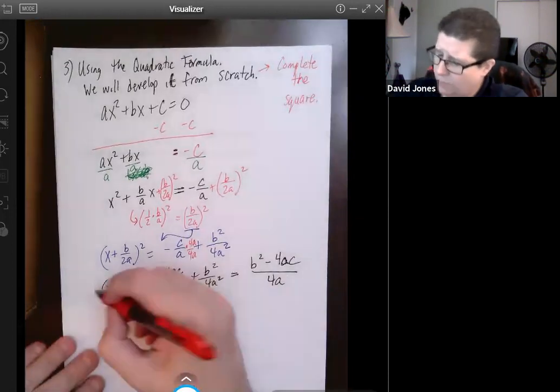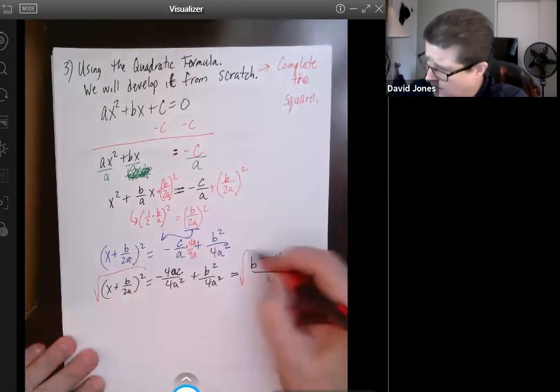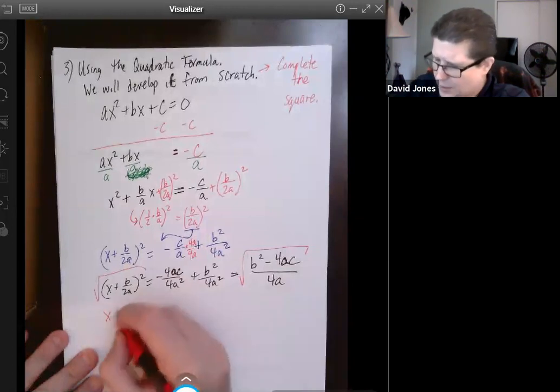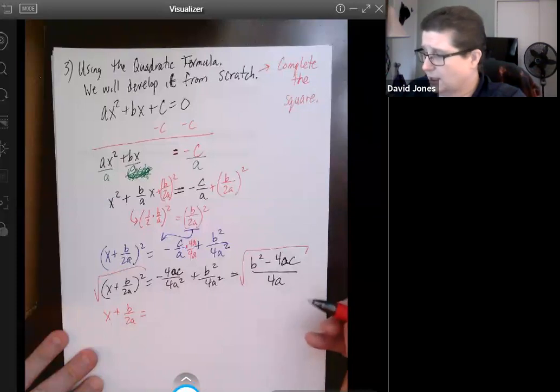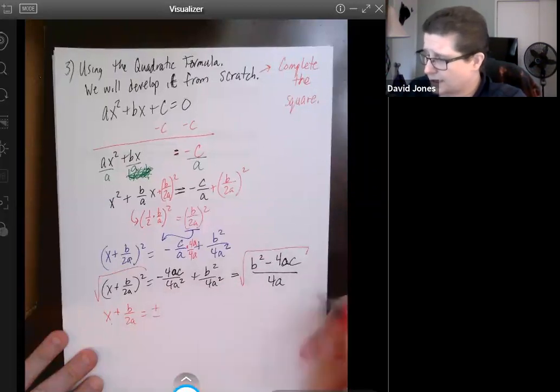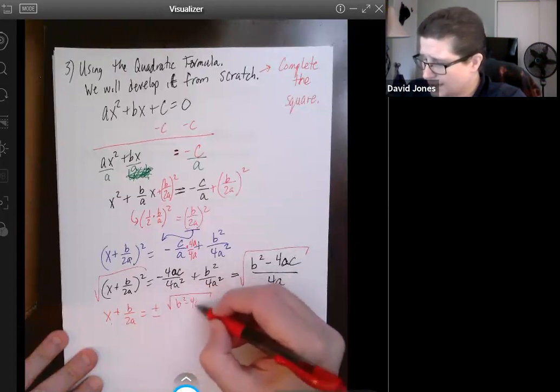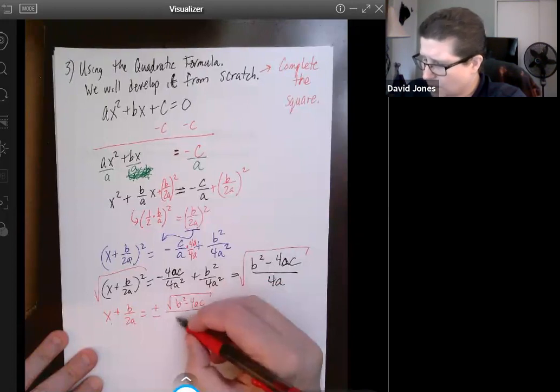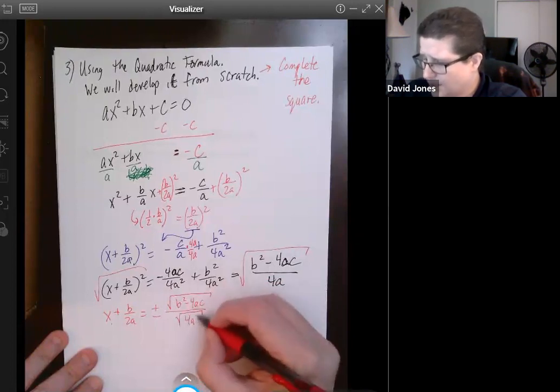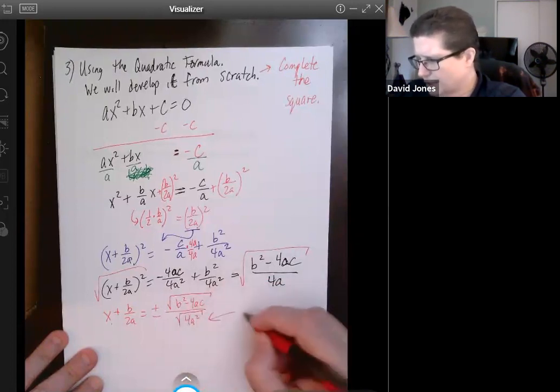Now we take the square root of both sides. I get x plus b over 2a equals plus or minus, I can do the square root on top and bottom separately, the square root of b squared minus 4ac all over the square root of 4a squared. But that bottom part is 2a.